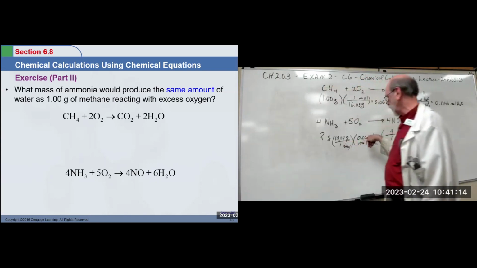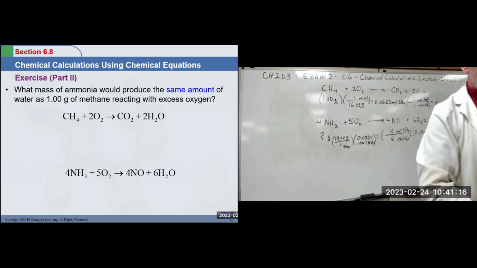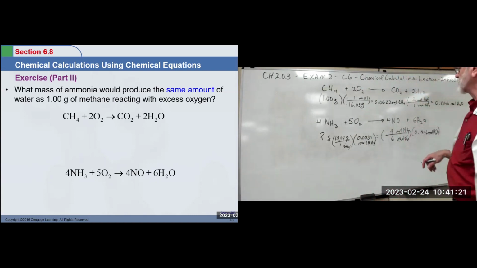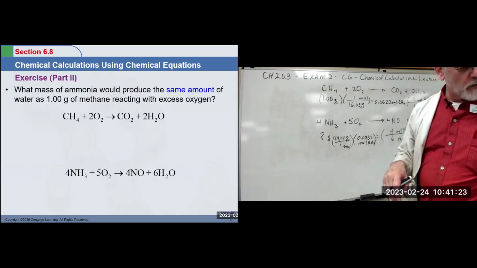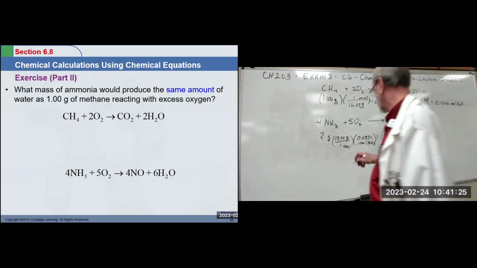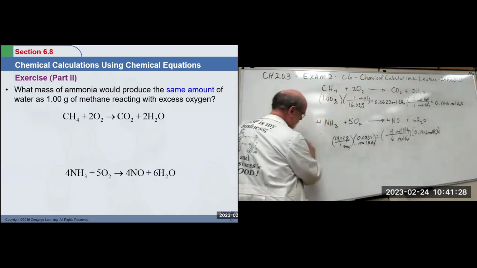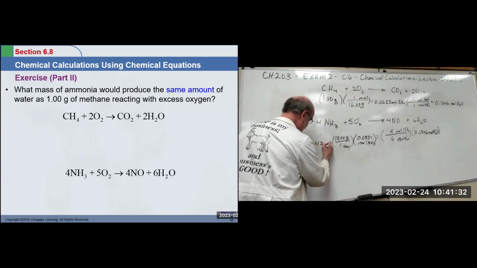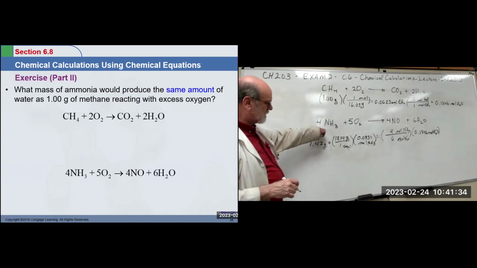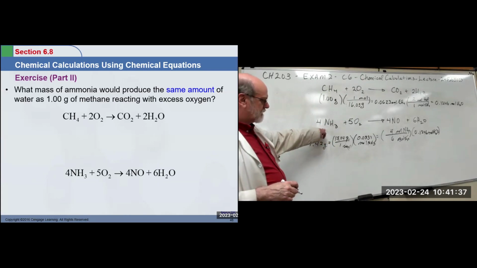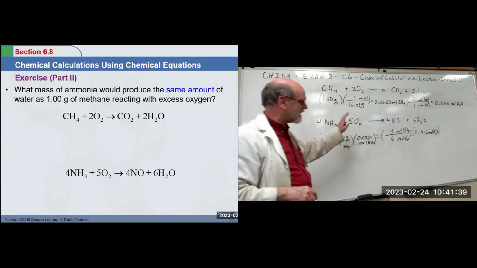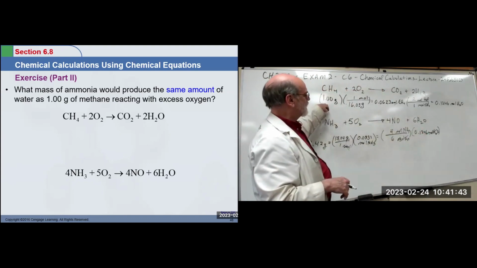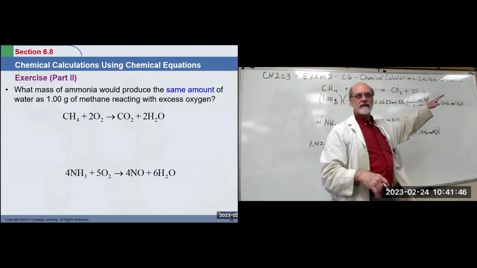So 17.04 times that value will give us 1.4... let's see, how many? Three significant figures. 1.42. So what we're saying is 1.42 grams of ammonia combines with oxygen to give you exactly the same number of moles of water as 1 gram of methane does when it combines with oxygen.